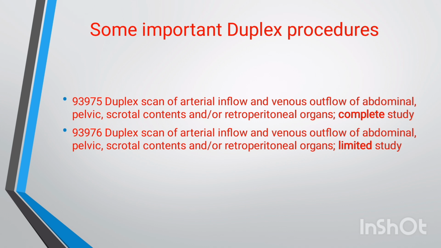In case both arterial and venous flow is mentioned in the report, we need to bill it with 93975. These CPTs are most commonly billed with the ultrasonographic procedure of the abdomen, ultrasonographic procedure of the pelvis and the scrotum.